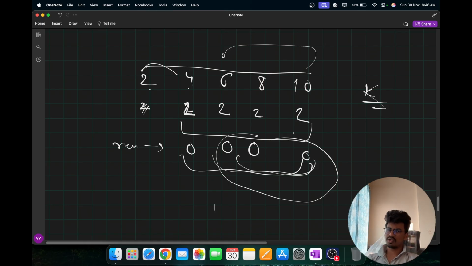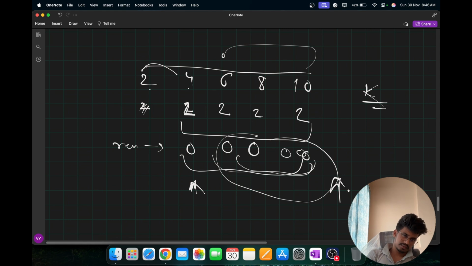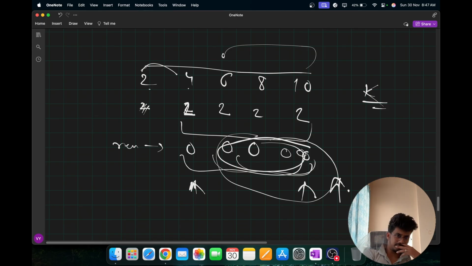Can we calculate the prefix sum? Can we then calculate the prefix sum? The prefix sum which was present at this point should be the prefix sum which should be present at this point, or at the last, which means that this is 0, right?